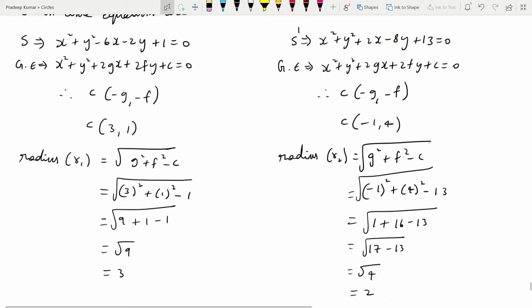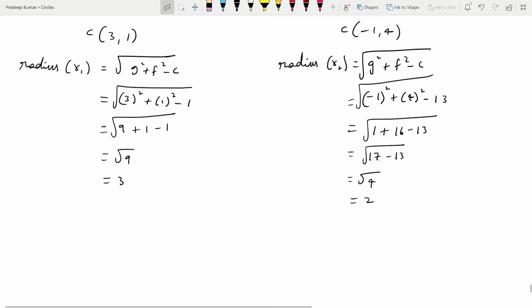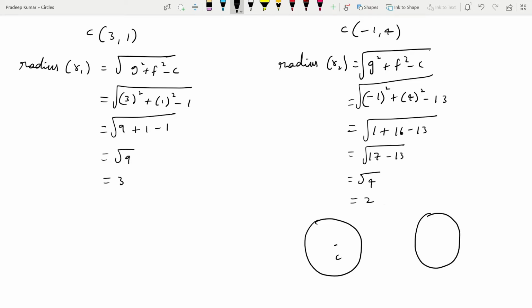So now we got the radius and we even got the center of the circle, and now we'll just find out the distance between the center of the first circle and the center of the second circle. Suppose I'm finding the distance from the center of the first circle to the center of the second circle, then we'll be using center 1 and center 2, and we'll be finding the distance between these two.